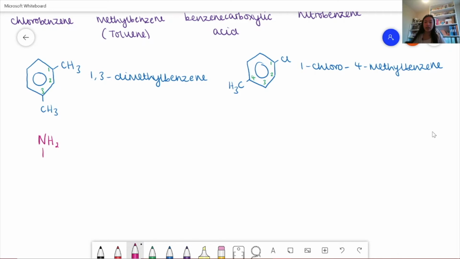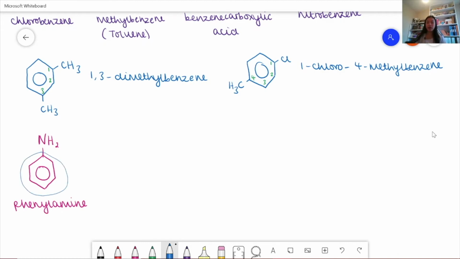So we have NH2, and this leads to the benzene. And so we would call this phenylamine. Because this bit here is the C6H5 group. And we call this phenyl when it's connected to something else that takes priority.